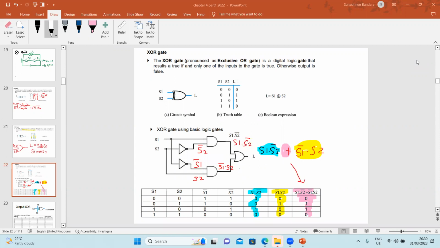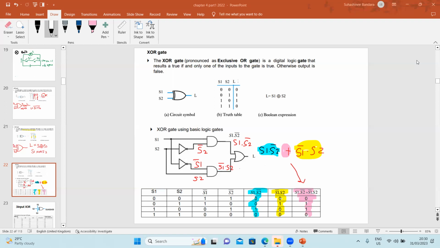Okay. So XOR can be represented with the normal logic gates: NOT gates, AND gates, and an OR gate. Straight away we can draw the XOR using an XOR gate, but without that, there's another way of implementing it using two NOT gates, two AND gates and another OR gate.